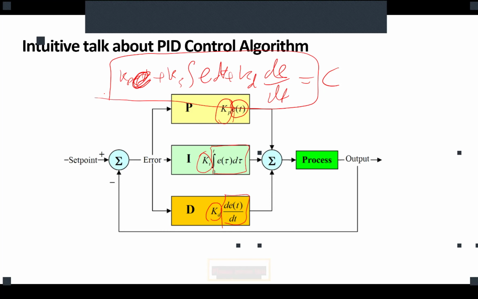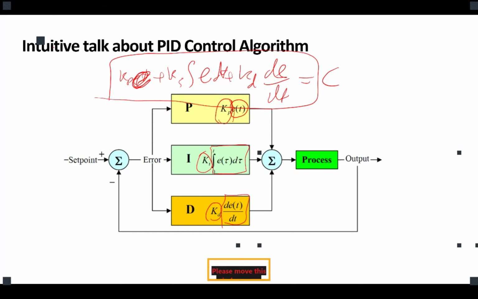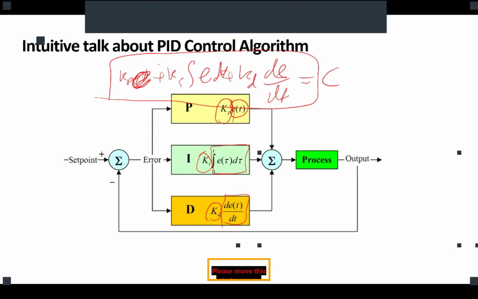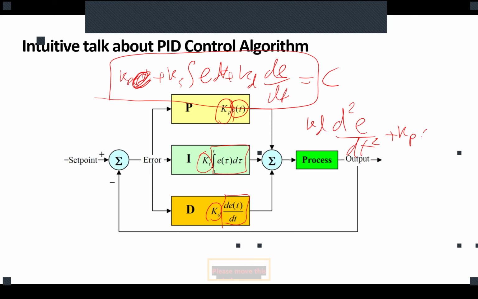If you want to solve it on paper, the first thing you do is get rid of the integral, because you don't want to have integral and differential in the same equation. If you do that, what you end up with is Kd d squared E over dt squared, with the derivative taken once for all the parameters, plus Kp dE over dt plus Ki E.